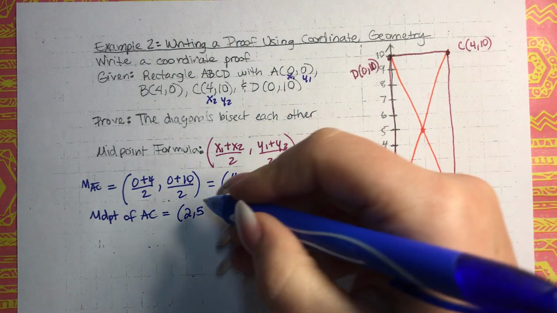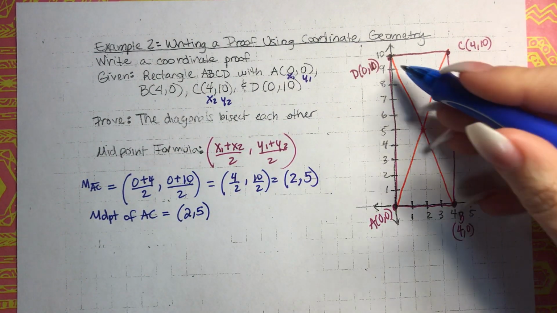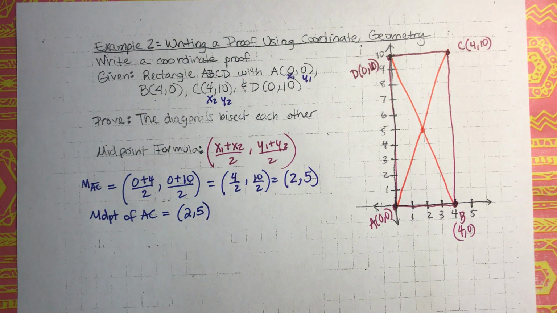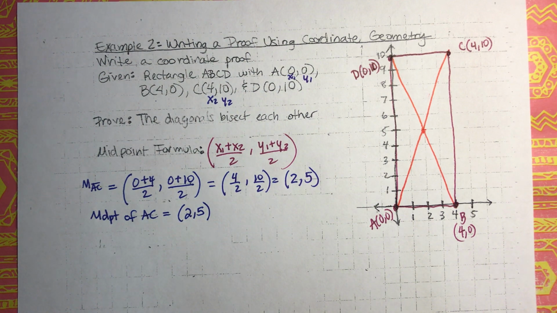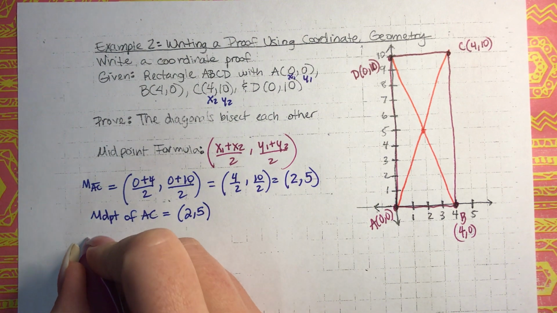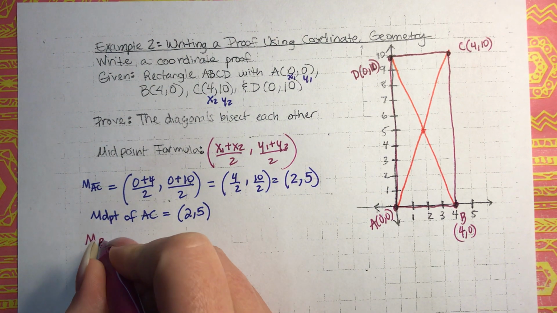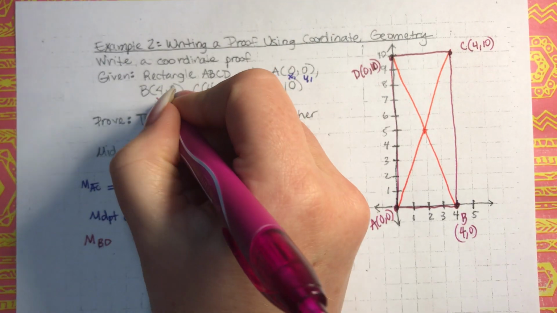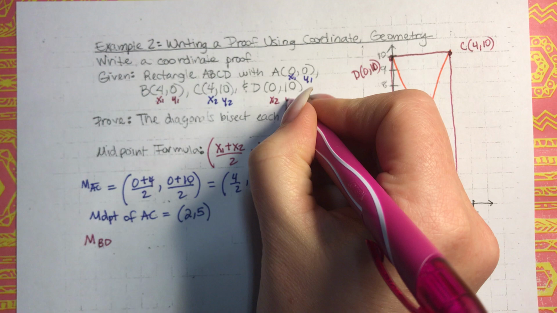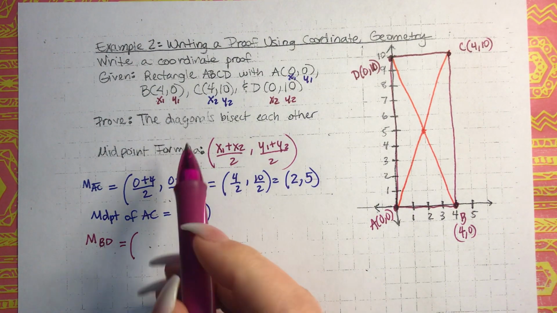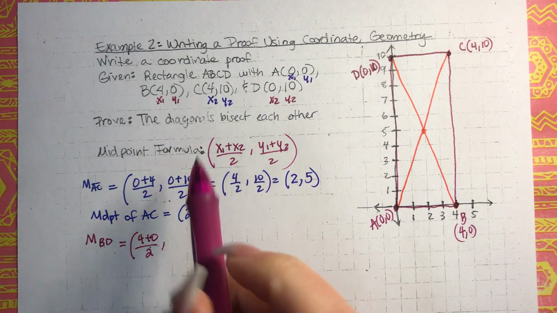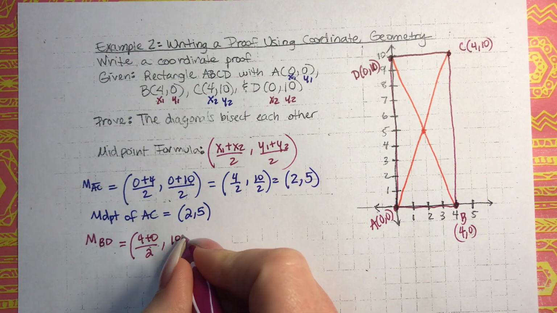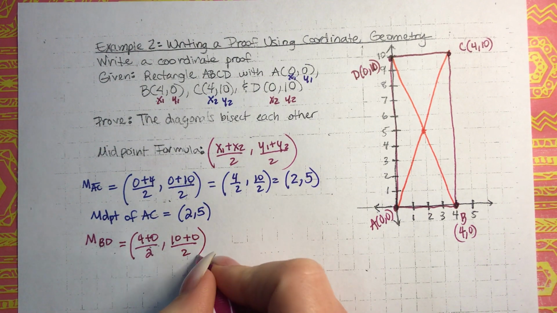Looks about right, right? Now what we need to do is find the midpoint of BD, okay? So let's go ahead and figure that out. The midpoint of BD, and I'm going to call this one my x1, y1, x2, y2, equals 4 plus 0 divided by 2, and 0 plus 10 divided by 2, right?